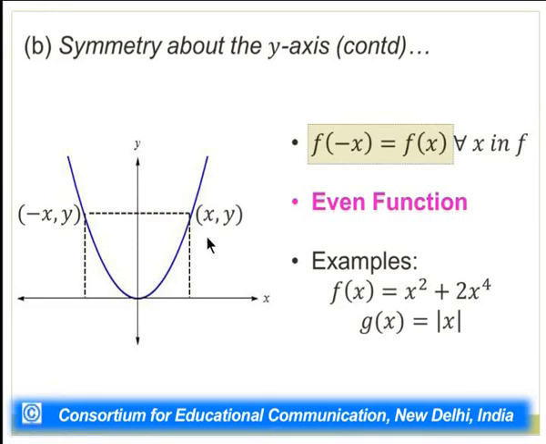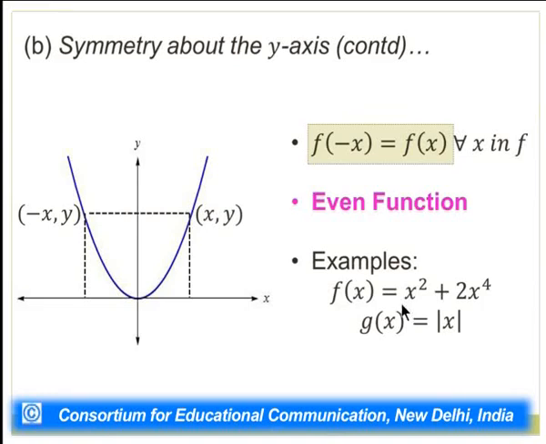So this is to say that if I were to evaluate the function at minus x rather than x, the value of the function would remain the same. Therefore, we can say that for a function that is symmetric about the y-axis, it must be the case that f(minus x) is equal to f(x), for all values of x in the domain. And such a function which is symmetric about the y-axis is also known as an even function.